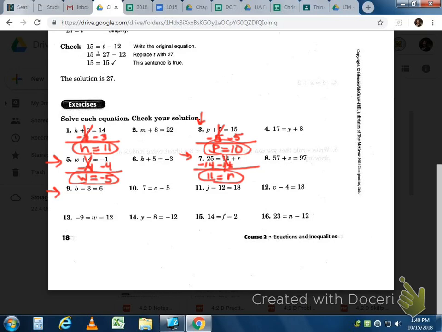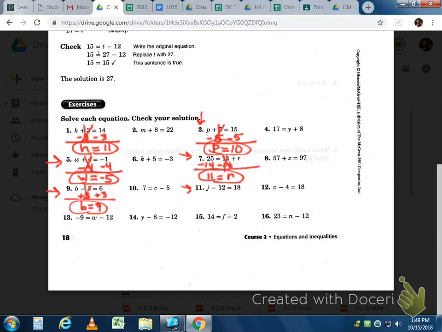So am I going to add it or subtract it? Yep, we're going to add 3 because you do the opposite of what's there. These are going to cancel away. What's B going to equal? B is going to equal 9. Good job.